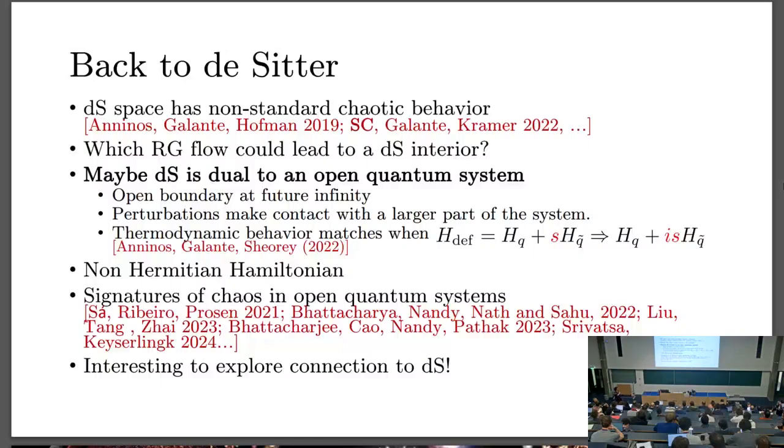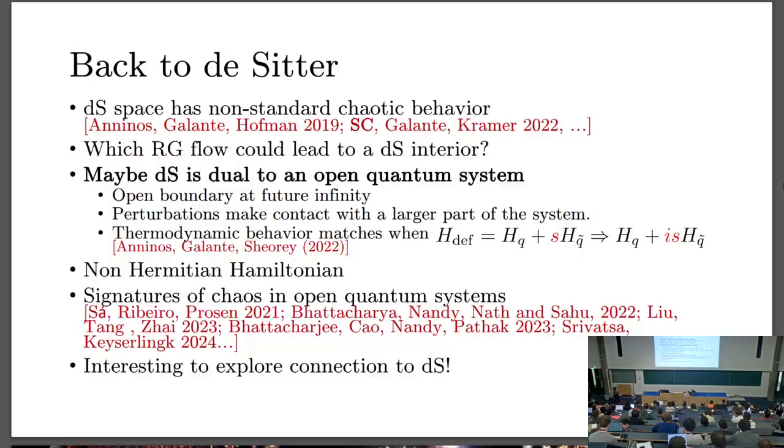And finally, I didn't tell you too much about this, but you can study the thermodynamic behavior of the gravitational interpolating geometry, and you would find an exact match to the thermodynamic behavior of these deformed SYK models. But if you do an analytic continuation and you send the parameter S to i times S, you will then find a match to the thermodynamic behavior of the interpolating geometry with the de Sitter interior.